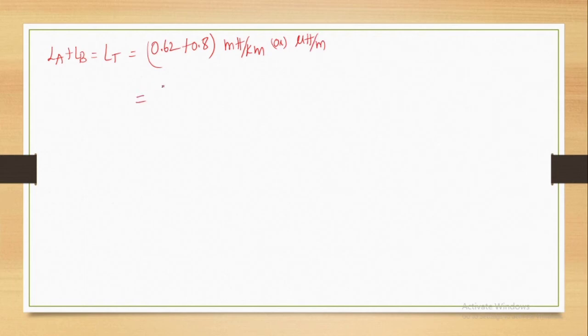It depends upon whether it is asked to find the inductance in Henry per kilometer, or in Henry per meter, right? It depends upon the problem. So now if you add these two, you will get 1.42 millihenry per kilometer.